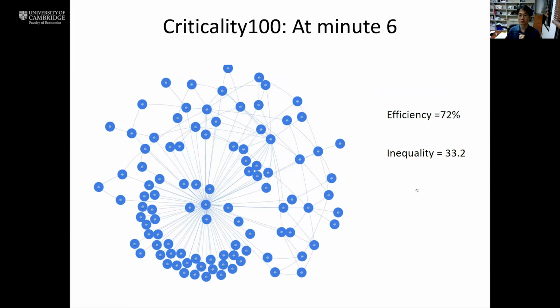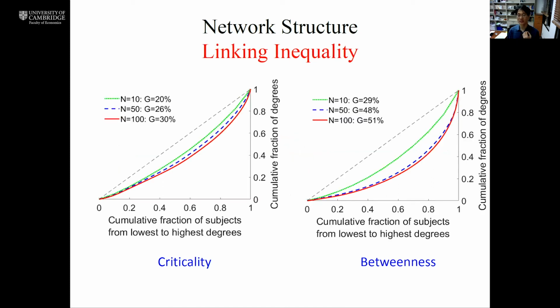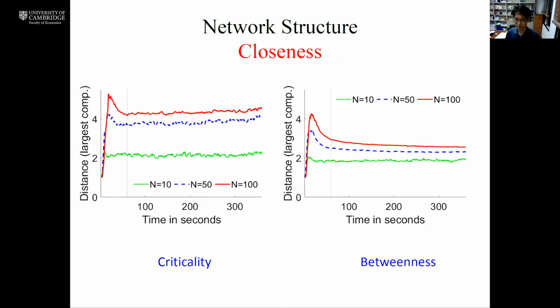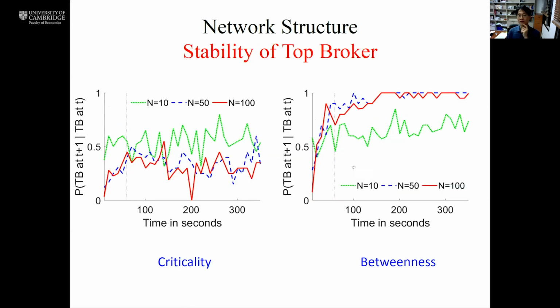Now, regarding network structure, in both settings the network is very sparse. In the betweenness pricing, the distance is smaller and the network is more centralized, by closeness centrality, under betweenness but not criticality. The top broker is quite stable in the large group under betweenness, but not under criticality.